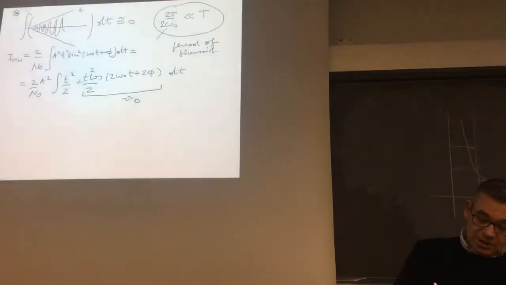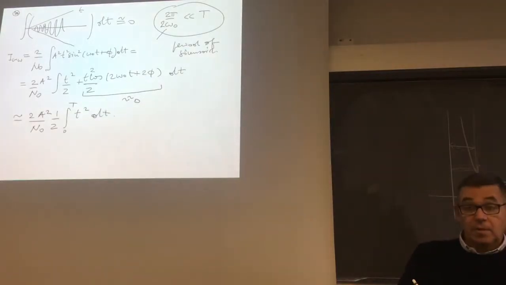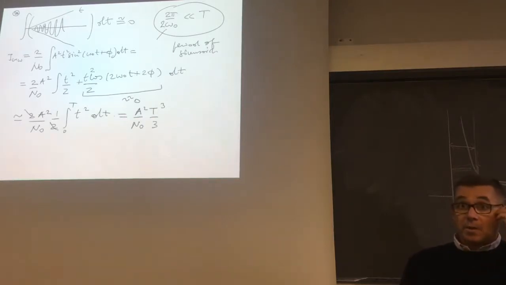So this is approximately equal to 2 times A squared divided by N0, then I have a 1 over 2, then the integral of t squared dt, so the 2 goes away with that. So I have A squared divided by N0, and then it is t cubed divided by 3.